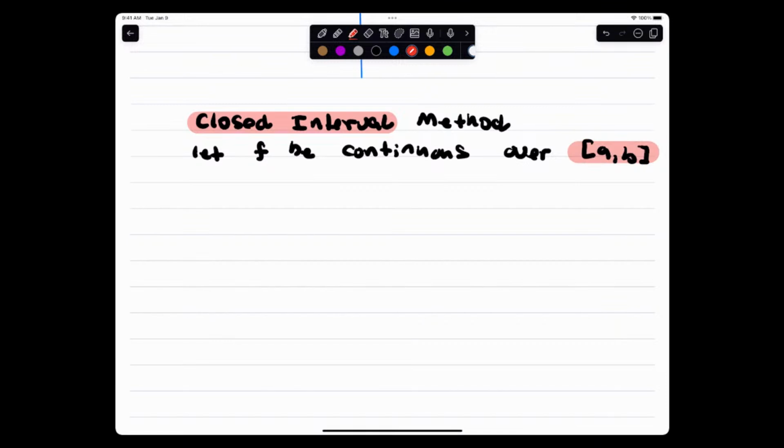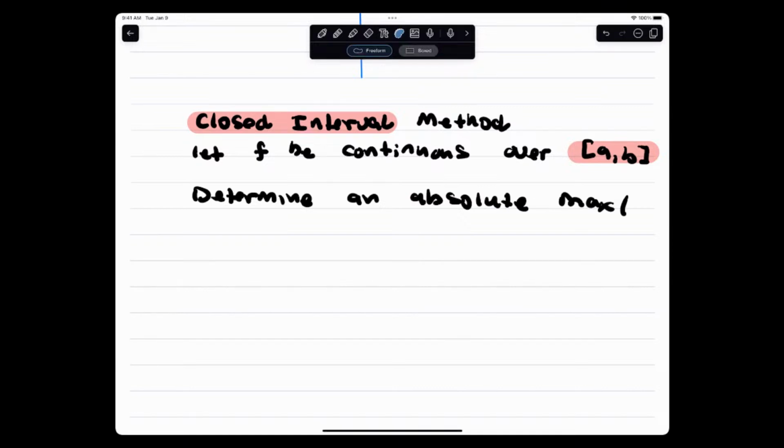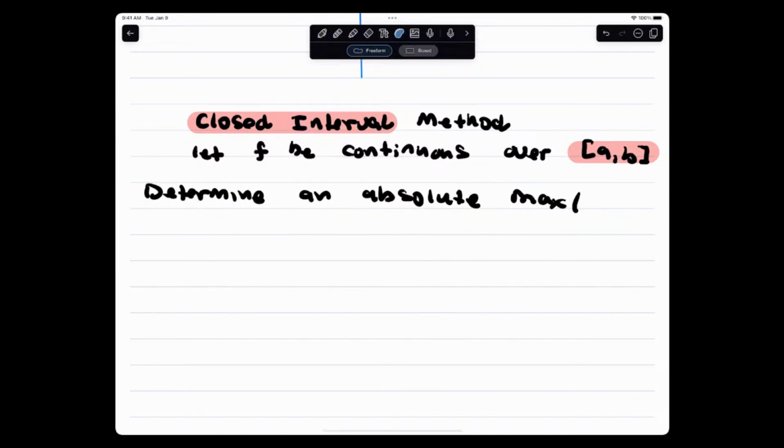Then you can determine what we call an absolute max and min over the interval. So you get to find a max and min over the interval.